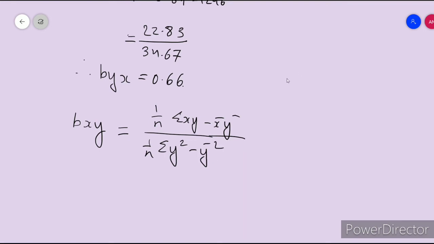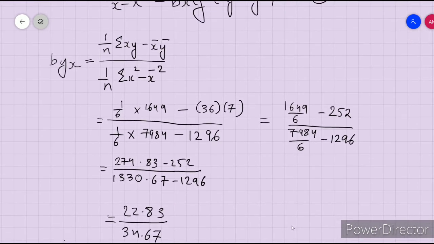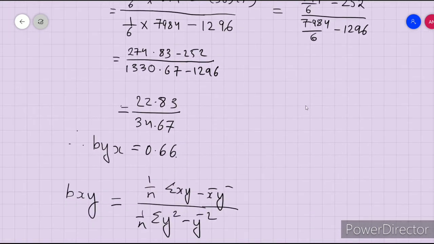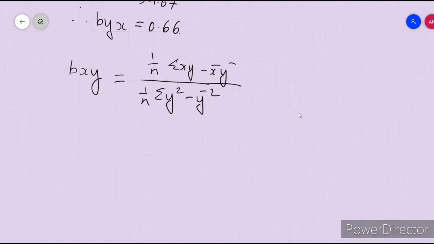The numerator has the same variables, and we've already calculated that; it gives us 22.83, so we don't have to calculate that anymore, and simply write 22.83 in the numerator.